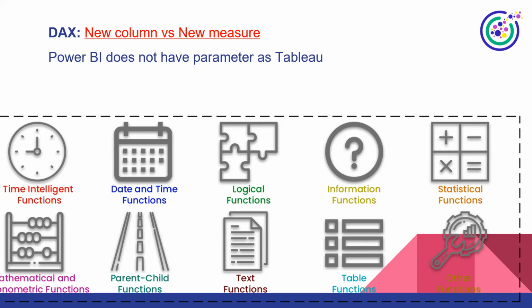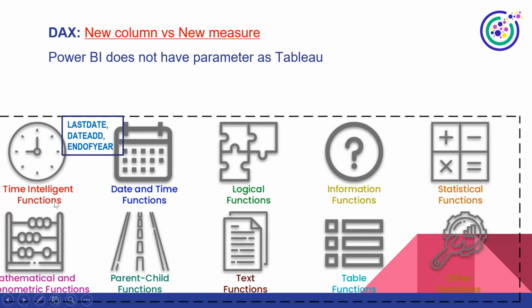Okay, and for those who already know Tableau, Power BI does not have parameters as in Tableau. You can see the table here is a summary of the 10 different groups of DAX functions available in Power BI.